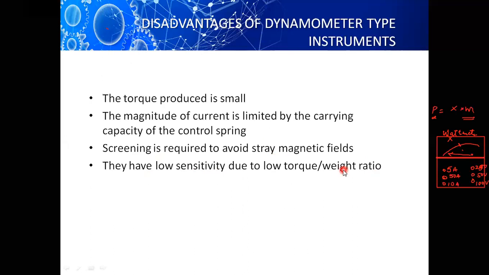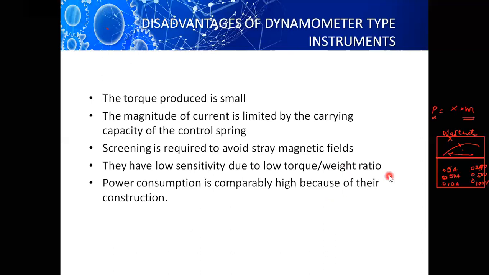This gives rise to the torque to weight ratio errors that we have discussed earlier in this presentation. And then we have seen power consumption is comparably high because of their construction. The power consumed by the dynamometer type instrument is very high, compared to a same range MI instrument or PMMC instrument.